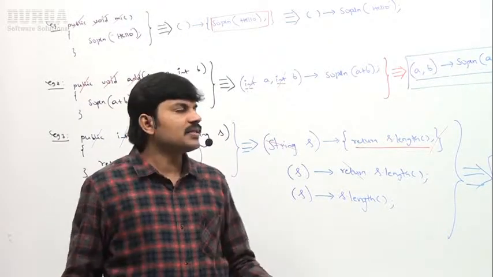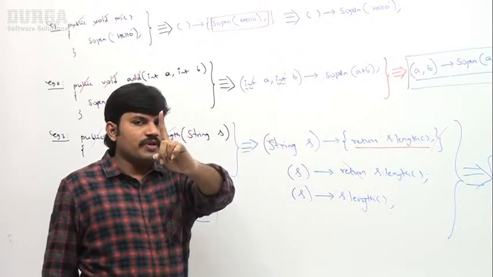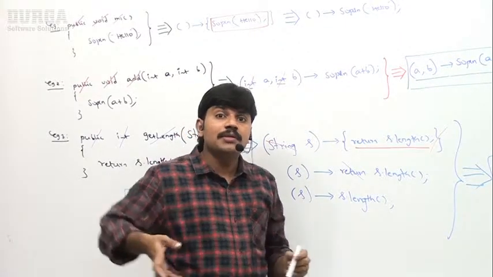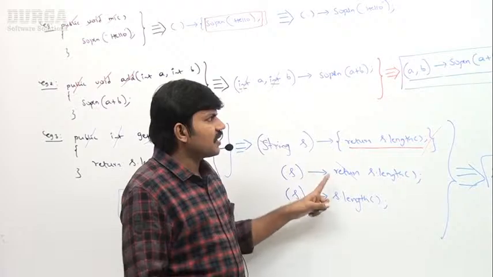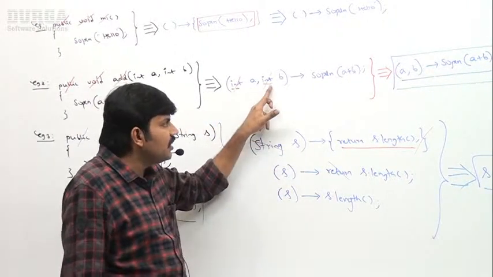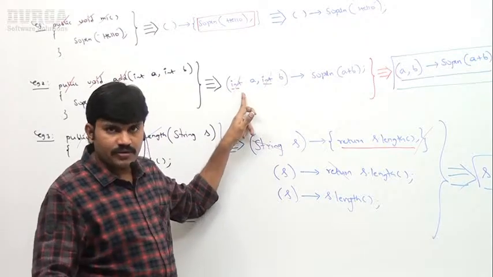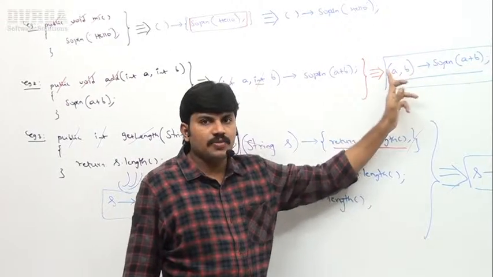Clear, right? Next, if the lambda expression body contains only one statement, curly braces are optional. If the body contains multiple statements, compulsorily we have to take curly braces, right? Second, if the compiler guesses the types automatically based on the context, I am able to remove these types, right? Okay. Now, after removing the types, how does the lambda expression look like?